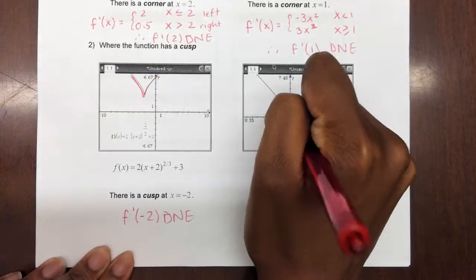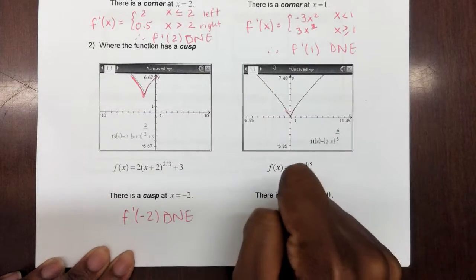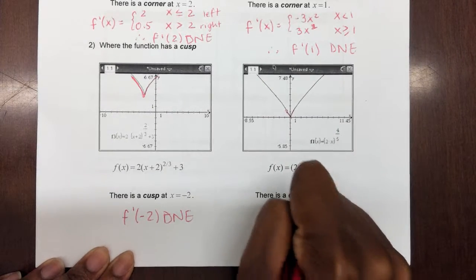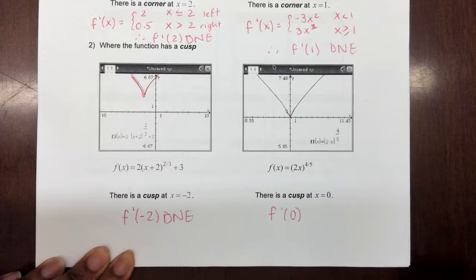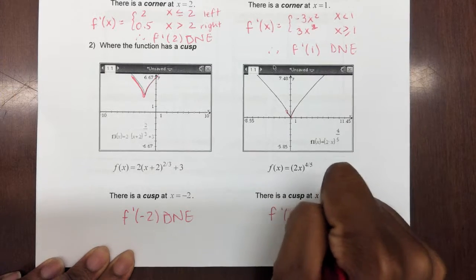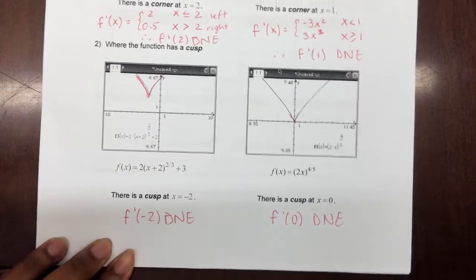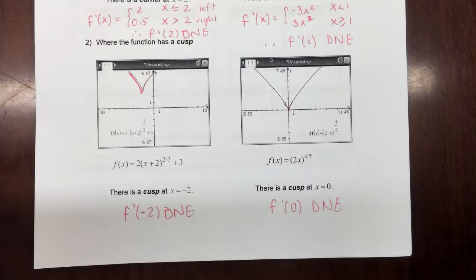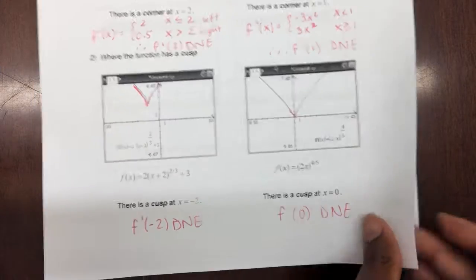And here we have a cusp at x equals 0, so the derivative at x equals 0 does not exist. Okay, so now on to the next page.